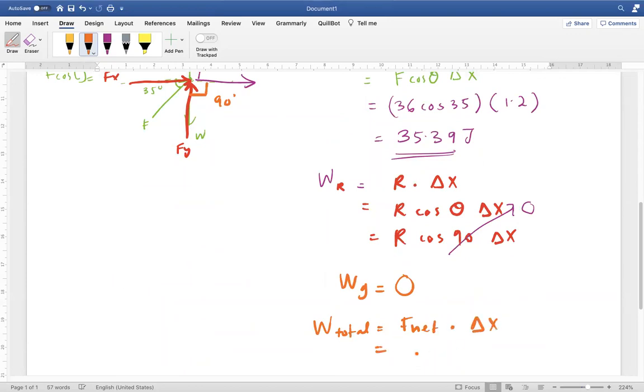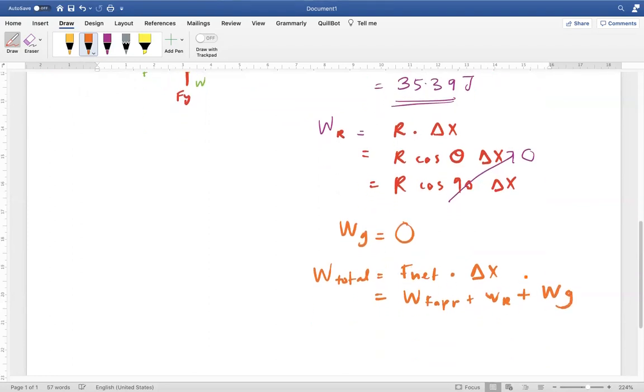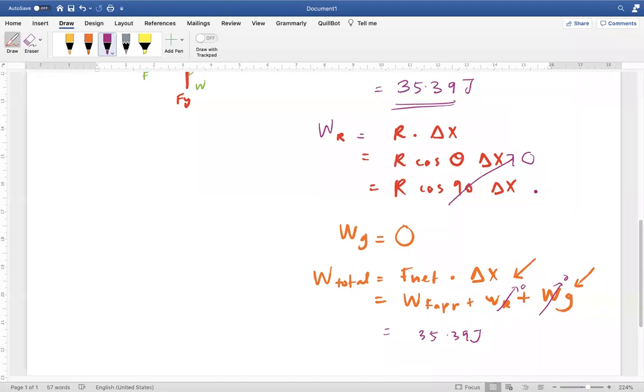We can also say W total is W of F applied plus W of R plus W of G. This is an easier approach. Sometimes it's easier to use one equation, sometimes the other. This time the second one is easier. Because this one is zero and this one is zero, I am left with 35.39 joules. So that was a pretty easy question, right? Boleh dapat full mark as long as you put in your units.